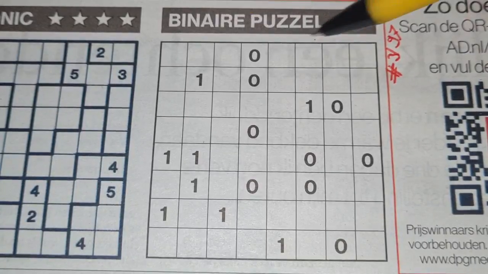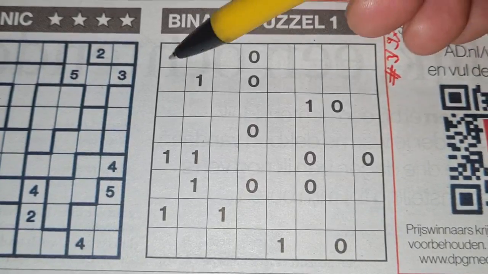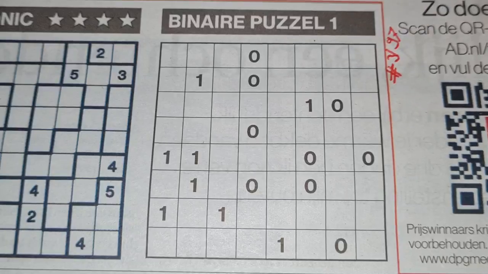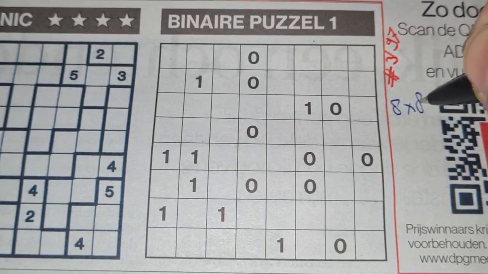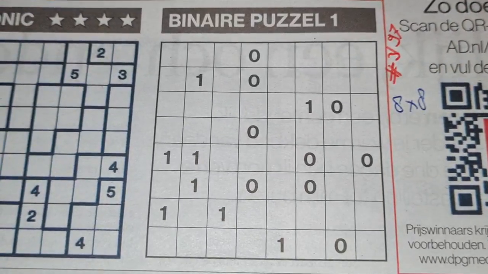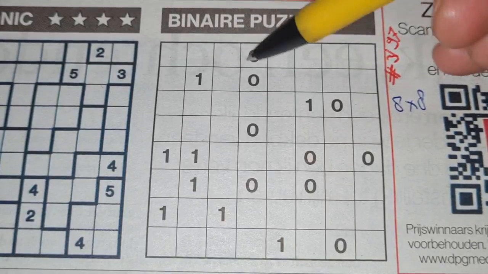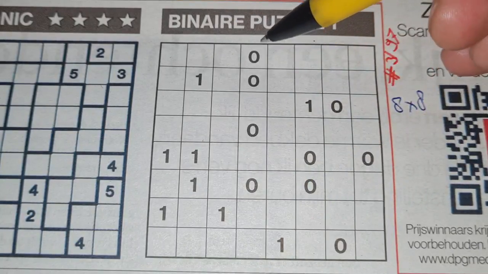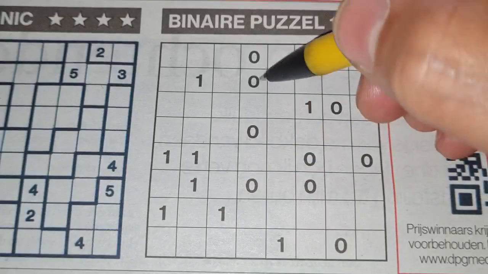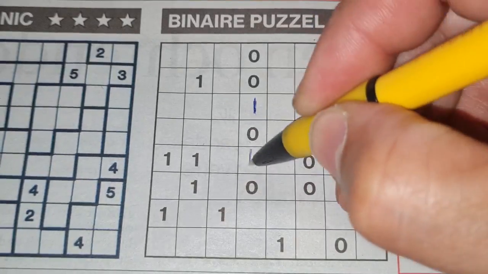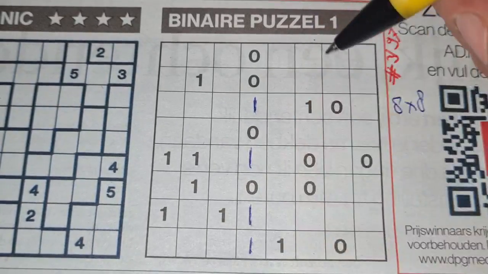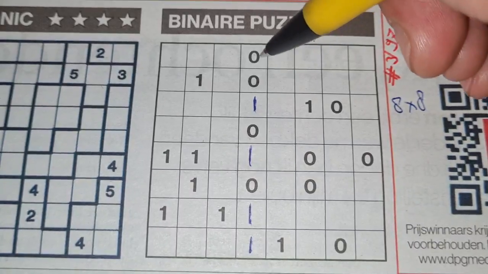I want to know what kind of binary puzzle this is. 1, 2, 3, 4, 5, 6, 7, 8. It's an 8 by 8 binary puzzle. That means in a row or in a column there are always 4 0s and 4 1s. Alright, so let's get started.